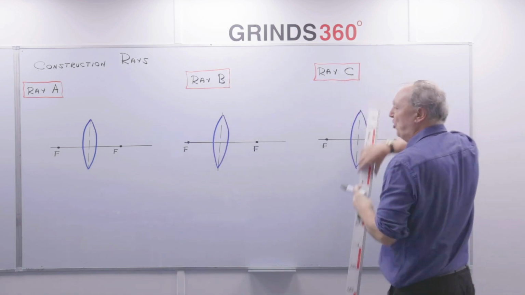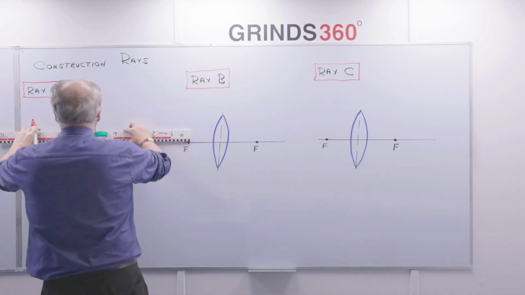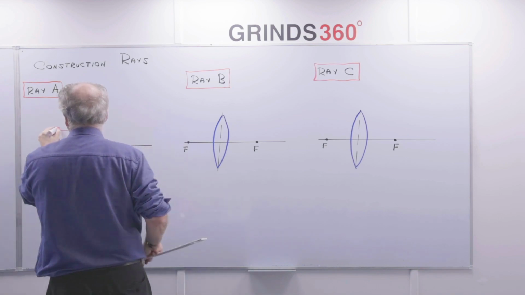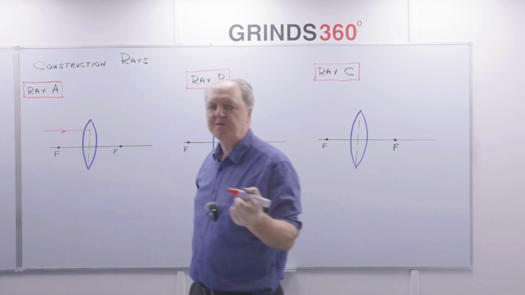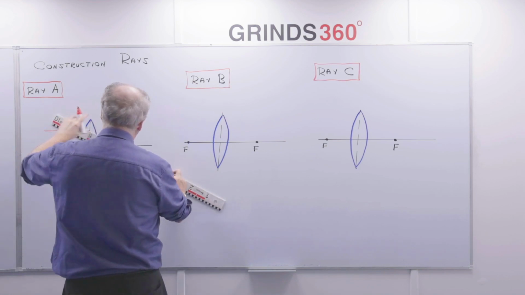We'll just bend it once about that line. If I take a ray of light going parallel to the principal axis, I'll just have it bending about that central line. What happens to it? It gets refracted through the focus on the far side.